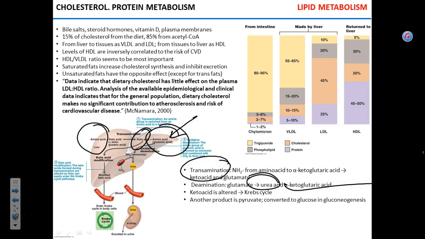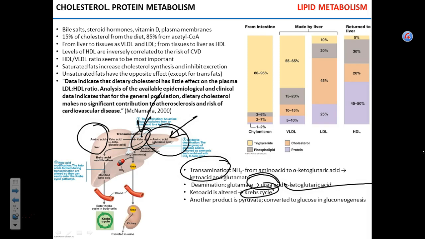CO2 is exhaled. And the keto acid that's produced here can enter the Krebs cycle. There are several keto acids there: oxaloacetic acid, alpha-ketoglutaric acid, or succinic acid, or it can become pyruvate.